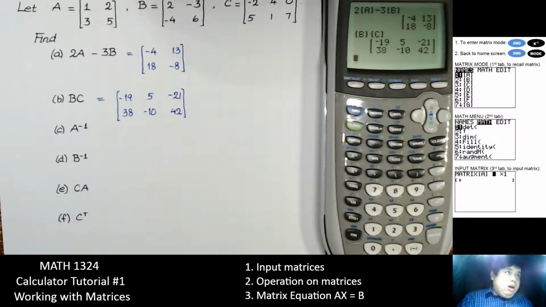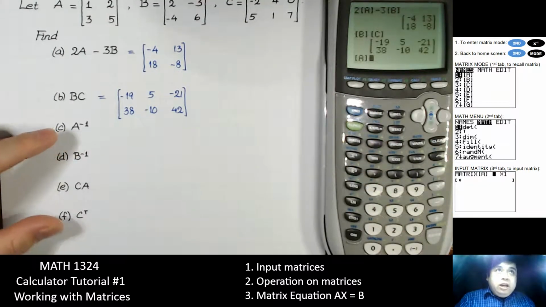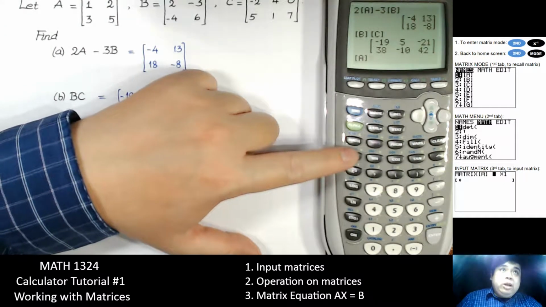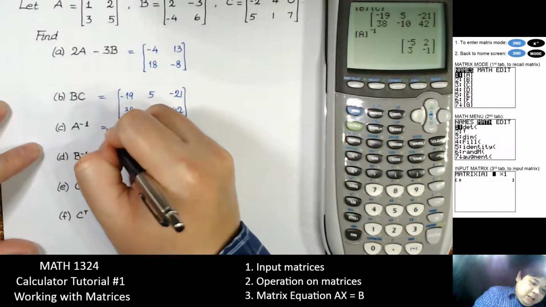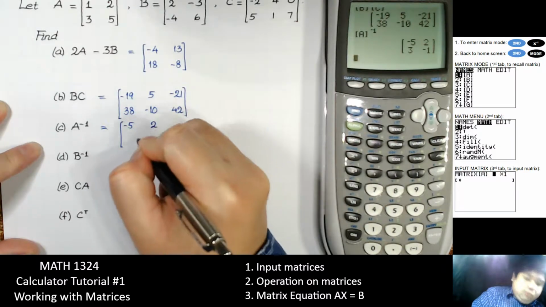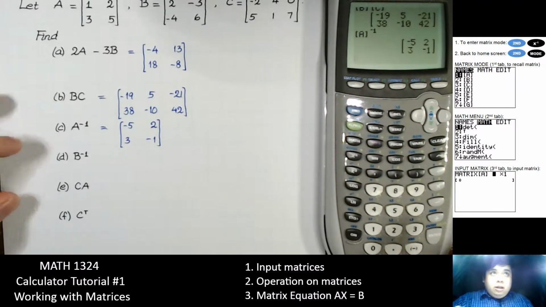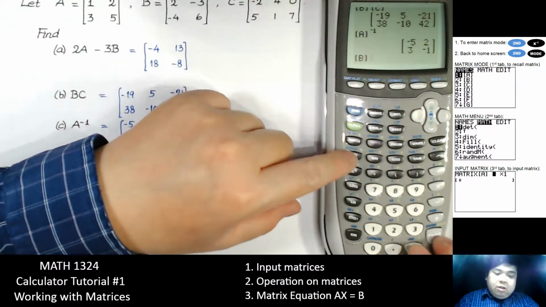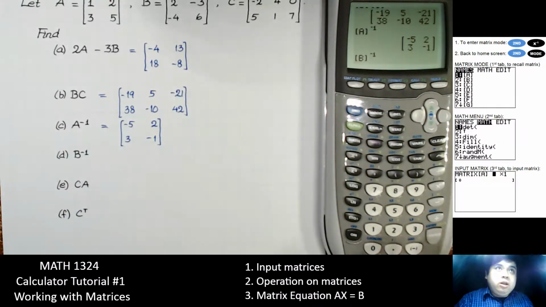We can also find the inverse of a matrix. For example, for matrix A, the inverse key is the x to negative 1 button. So we hit that, and we will have the inverse of A. And then matrix B, inverse, x to negative 1, the same button we used to enter the matrix mode.